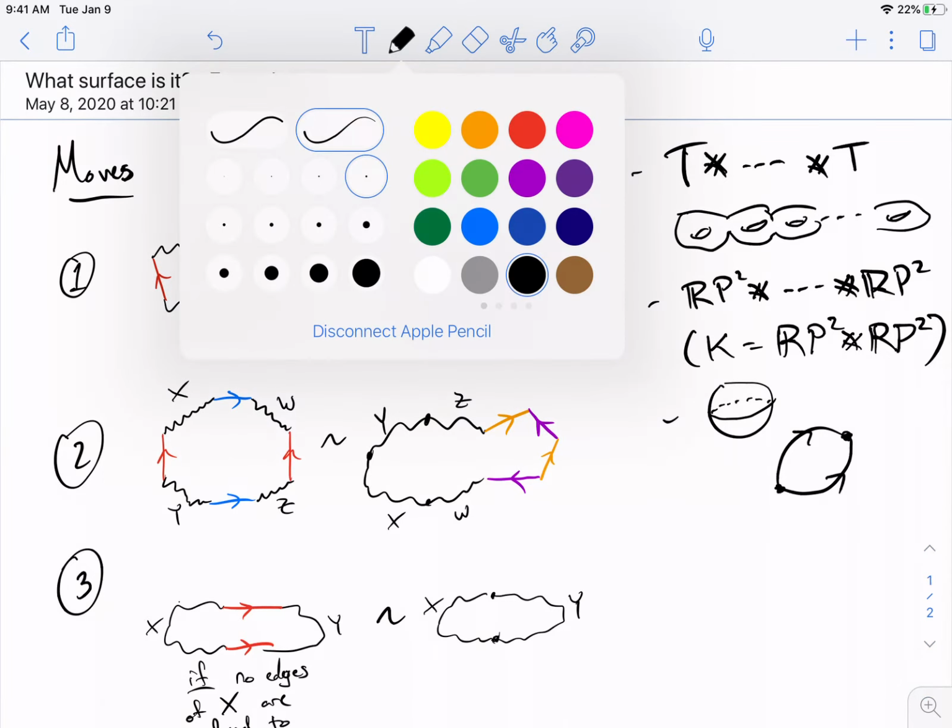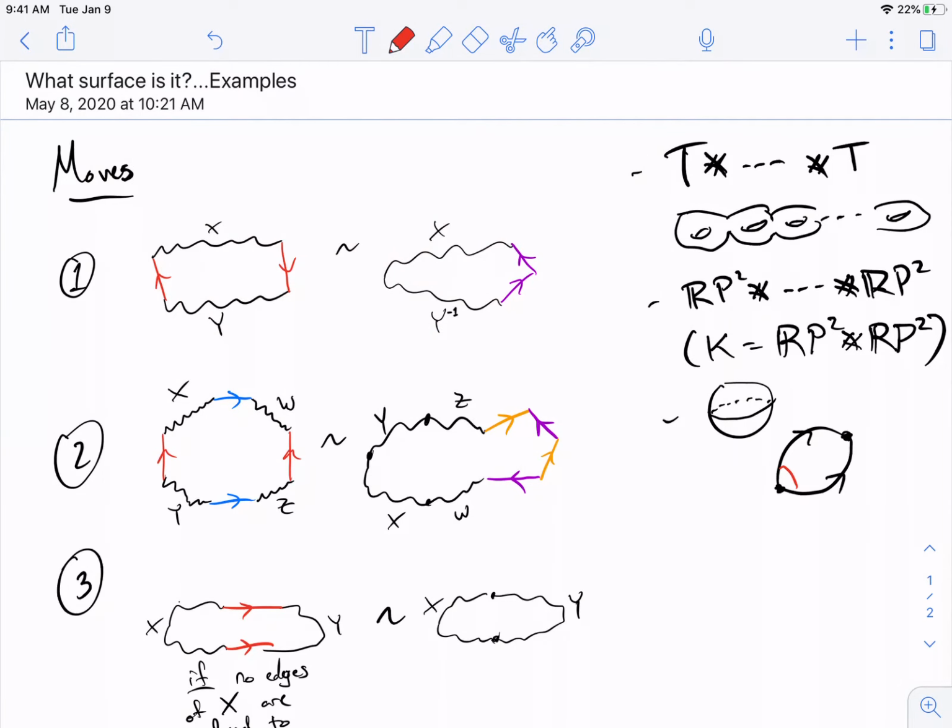And of course, if this angle is 360, then you can check that we're actually getting the sphere if both these angles are 360. But if we have something smaller, then it's just topologically equivalent. It can be stretched to the sphere. But this theorem is really just about topological equivalence anyways. It's saying that any surface can be actually stretched to be one of these three.